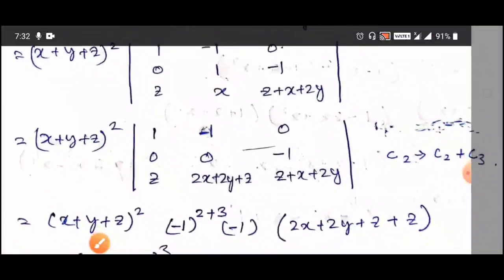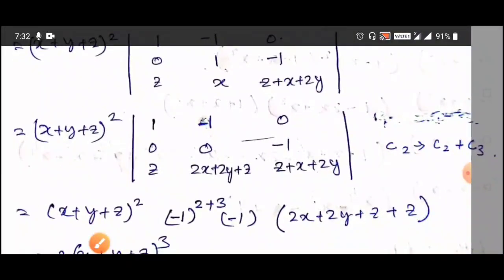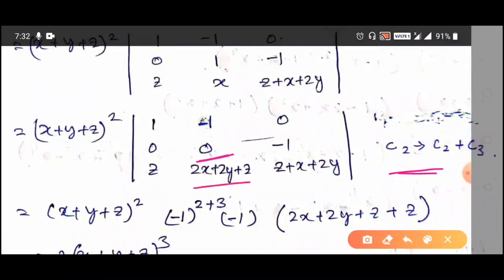So see, here we have done column 2 is replaced by column 2 plus column 3. So here we have this 0, and in place of this element we will have 2x plus 2y plus z.